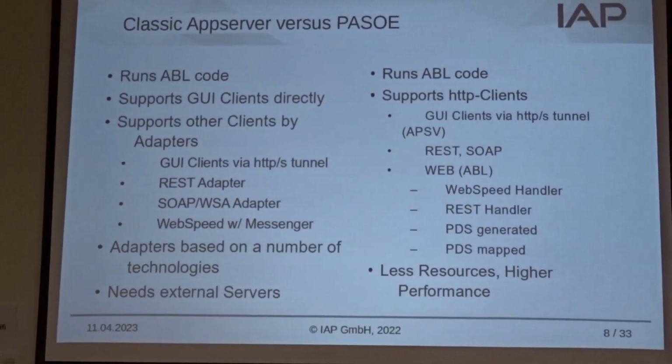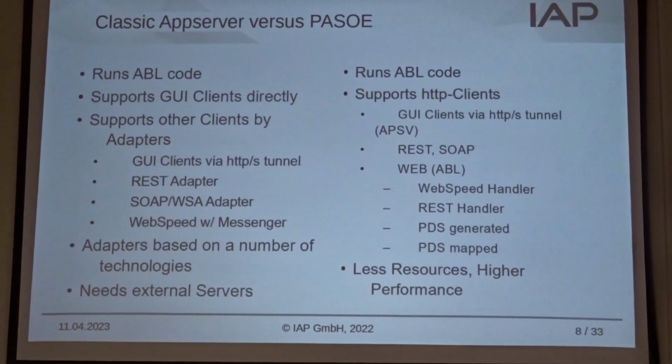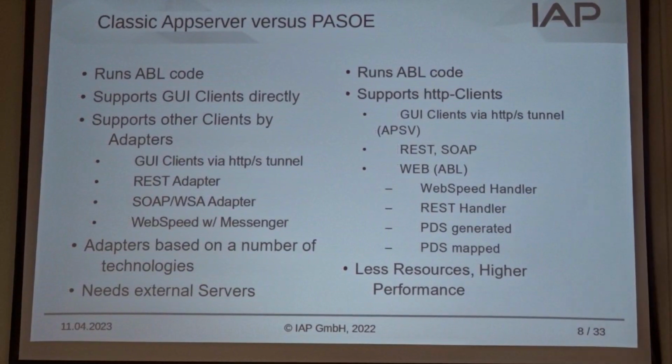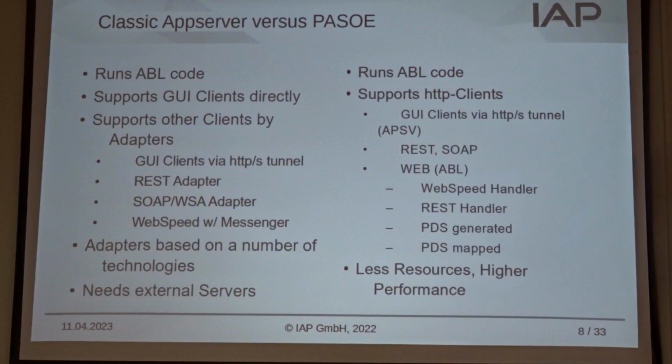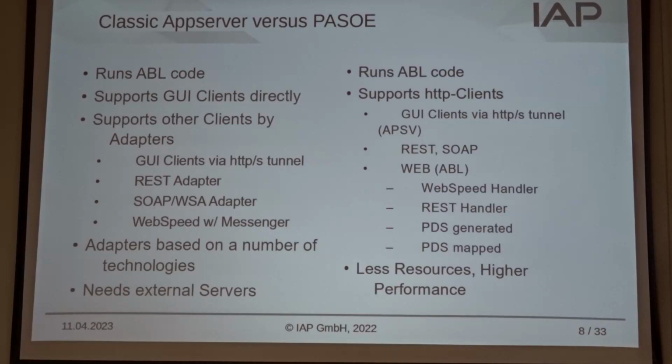So on the left side, you see properties or behavior of the classic app server. On the right side, the Pacific app server. And as you see in the first line, both run typical ABL code.